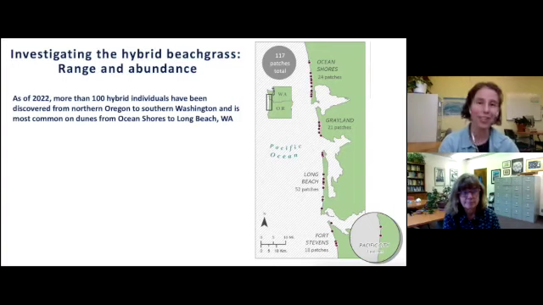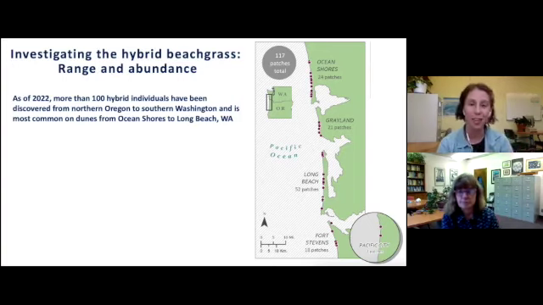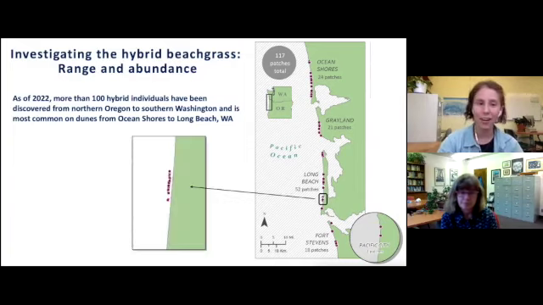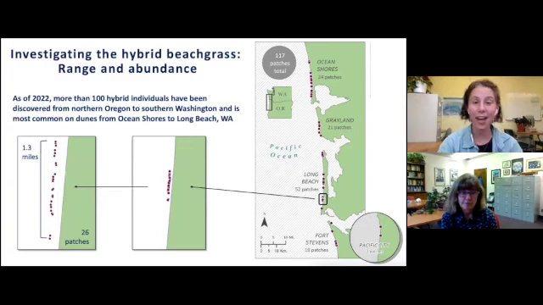If this doesn't look like a lot on the map, it's because a lot of the points are on top of each other, and the hybrid is really dense in certain specific areas that we looked. So for instance, if we just zoom into this one area in Long Beach that was walked by Sally and Rebecca on a dune field trip, there are 26 patches that they found in just over a mile.